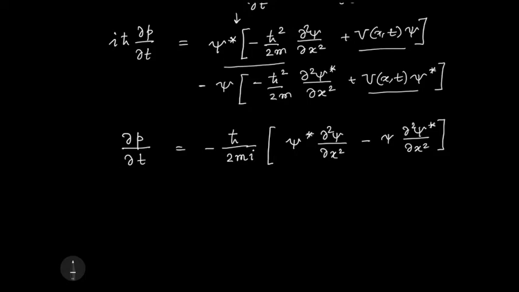All right. Now let us define something. Let us define this quantity which I call Jx. This is h cross by 2mi psi del psi del x minus psi del psi star del x.